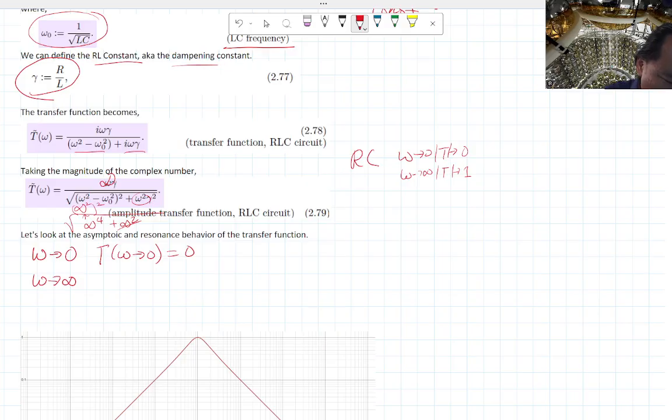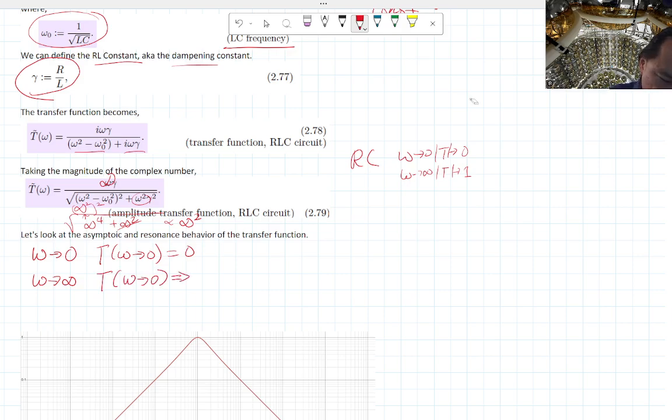So the whole denominator, since you're square rooting it, is proportional to omega squared. The numerator is proportional to omega to the 1st power, the denominator to omega squared. The square is going to win out, so it's still going to go to 0.